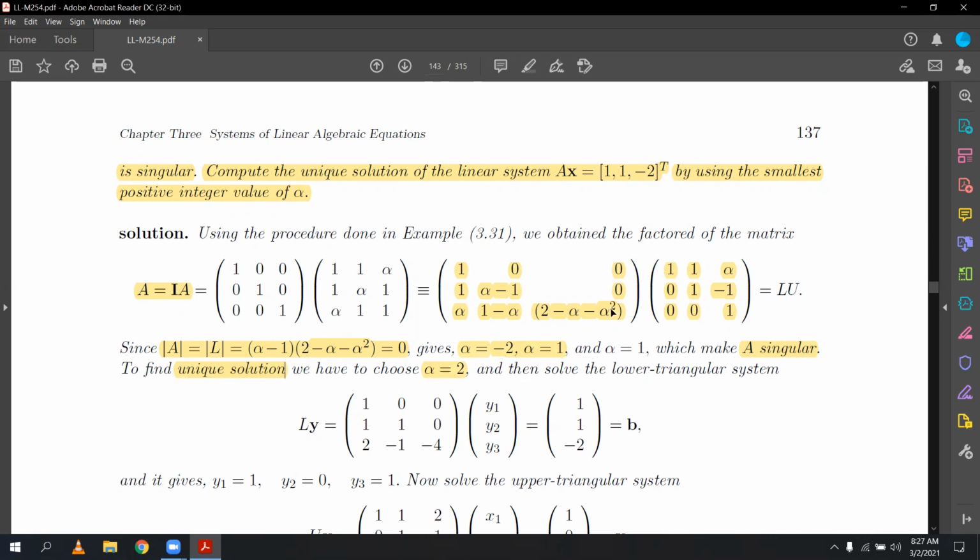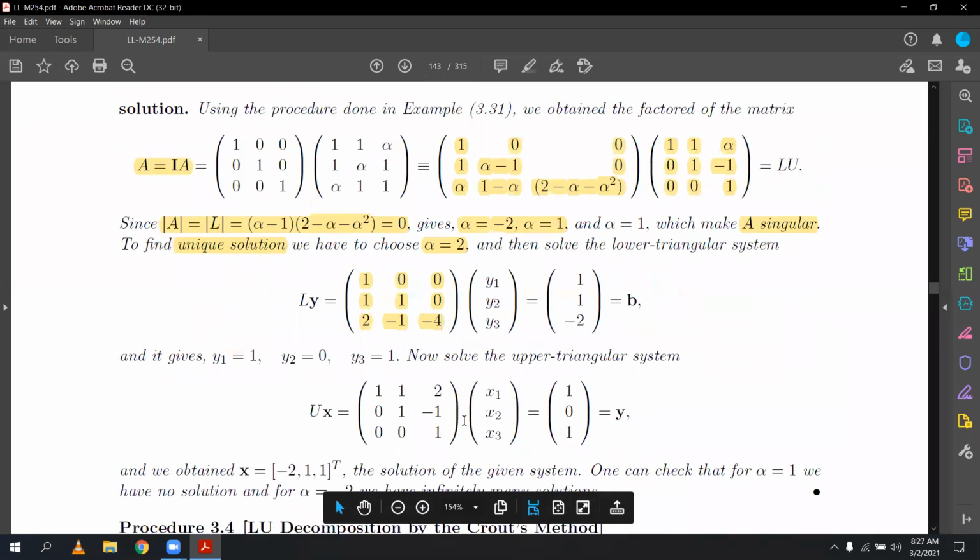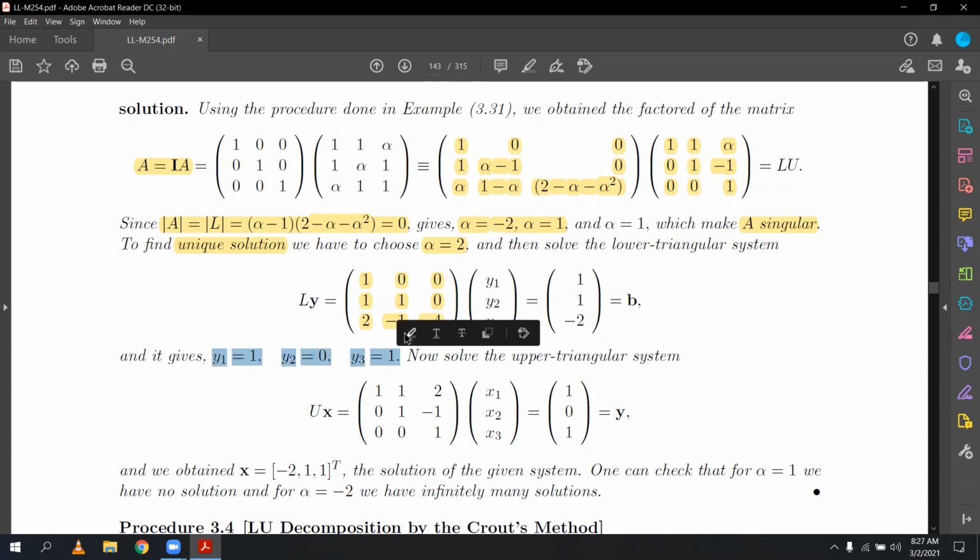So now this is your L and this is your U. Just put alpha equal to 2 in L, and inshallah you will have this value. And then you solve this system by forward substitution, and you will get the solution for Y. Then you solve the last system, the upper system, which is Ux equal to Y. This is your U, only that in place of alpha, you put 2 because you chose 2.